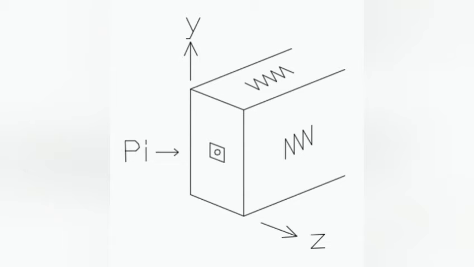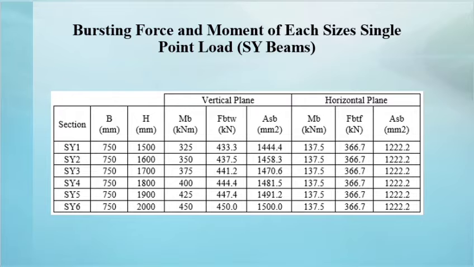After doing the calculation and simulation using extract style software, the bursting force tends to split the block into two parts, either in the Z direction, horizontally straight, or the Y direction, vertically straight, as shown in this figure. For both cases, single concentrated point load or two symmetrical point loads, the bursting force and moment are shown in this table.